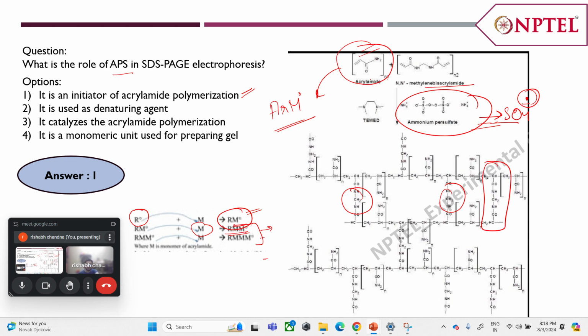Okay, so any doubts in the mechanism? Okay, if not, then we'll move on to the next question.